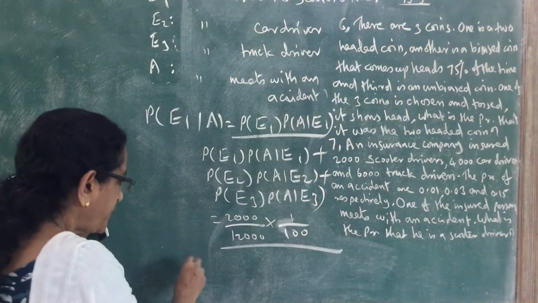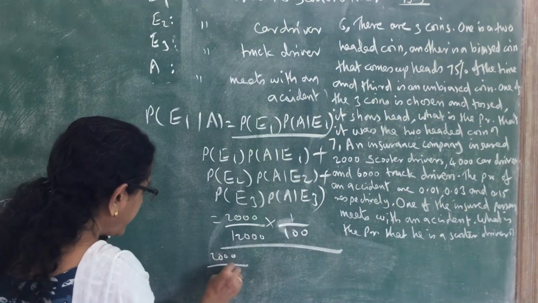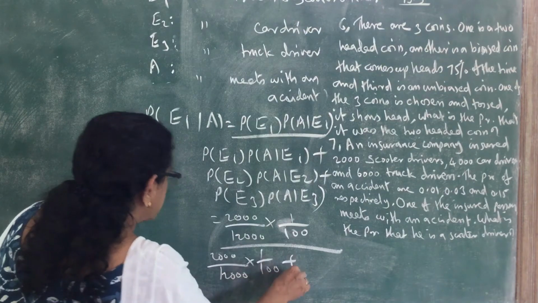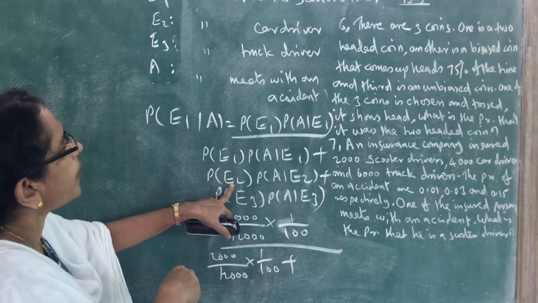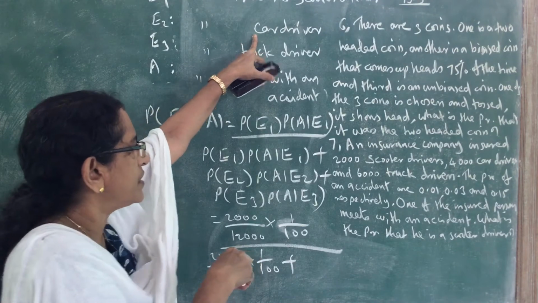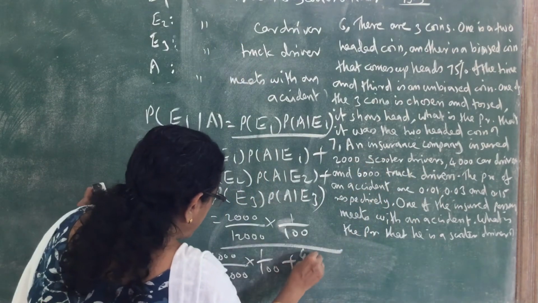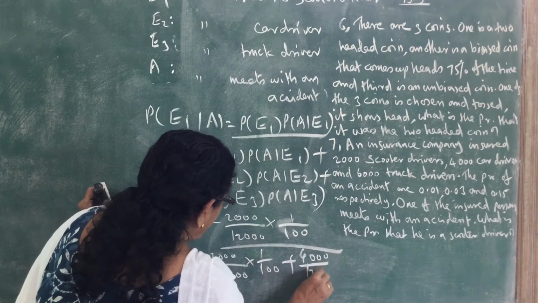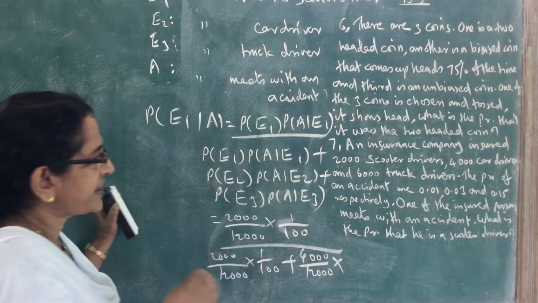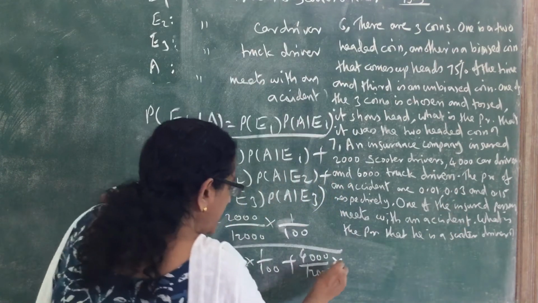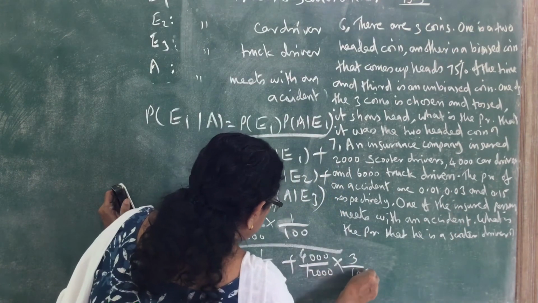Plus, now probability of E2 means it is a car driver. Car driver means 4,000 divided by 12,000 into, what is the probability of getting an accident for a car driver? 0.03. That is 3 by 100, plus.